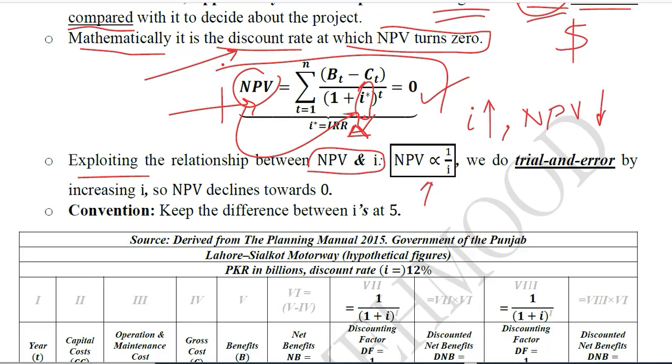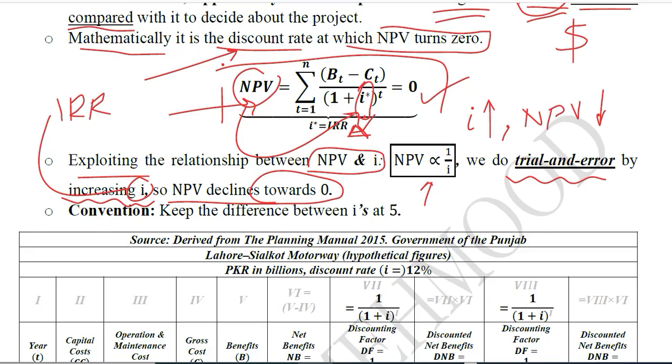But this is not going to be a straight thing. We have to do some trial and error for it, and we will increase the discount rate, and then the NPV will decline, and we want it to become 0, and that discount rate we can call IRR. So in search of that, we are going to do this trial and error.